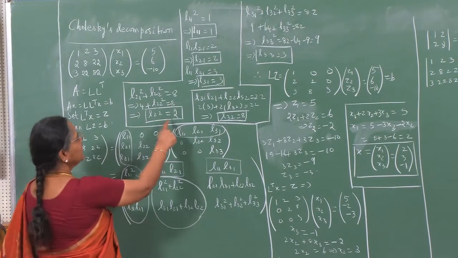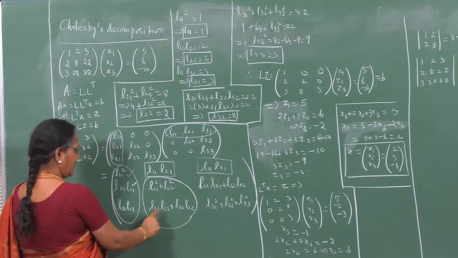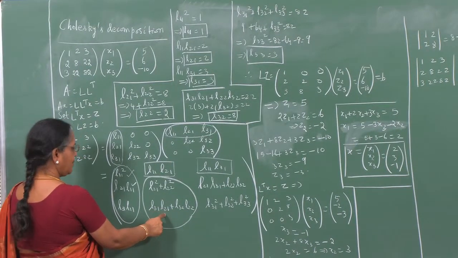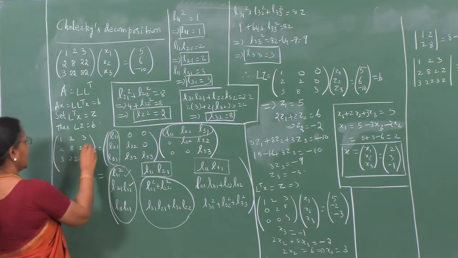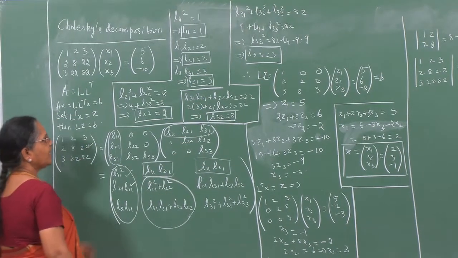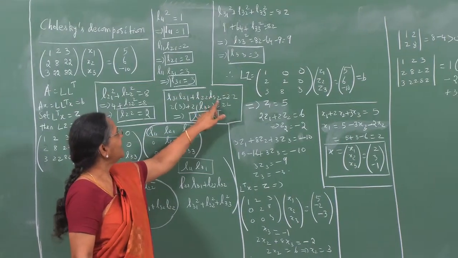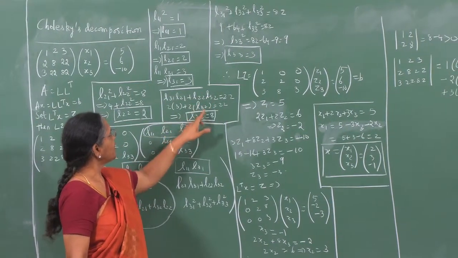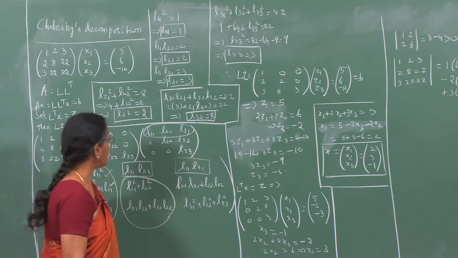Once L22 is determined, we move over to the next entry here, which is L31 L21 plus L32 L22, and that is equal to the corresponding entry 22. All the others are known except L32. So, when we substitute and solve for L32, we get L32 to be equal to 8.